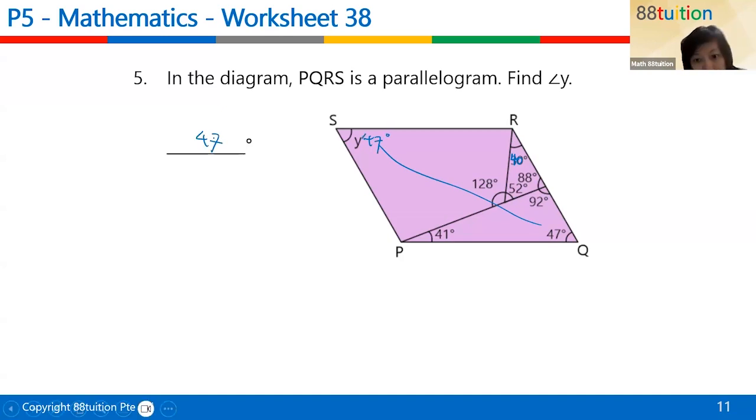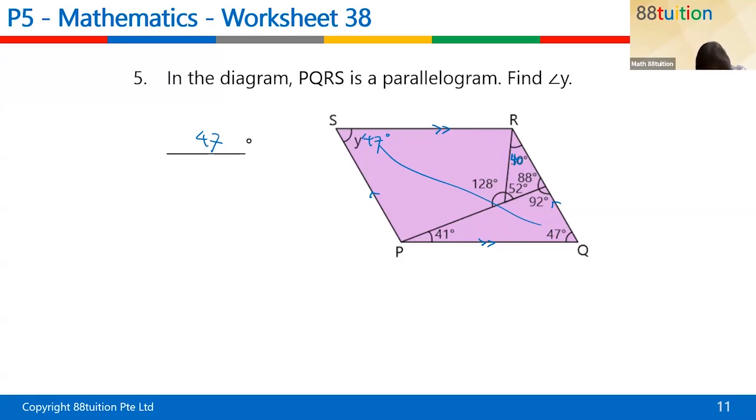Okay, so just leave it, but I'm just concerned with the Y, not the other angle for this. Sorry for the error. Now the property of this is a parallelogram. So the property of this parallelogram is the diagonal angles are equal.